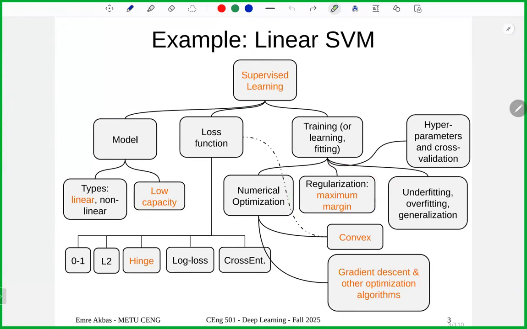It is trying to find a decision boundary that has maximal margin to positive and negative examples. It uses the hinge loss as its loss function. We are going to remember what hinge loss is. Its loss function is convex, which is good. And there are different solvers to learn a linear SVM, including gradient descent and other second-order optimization algorithms like BFGS and so on.